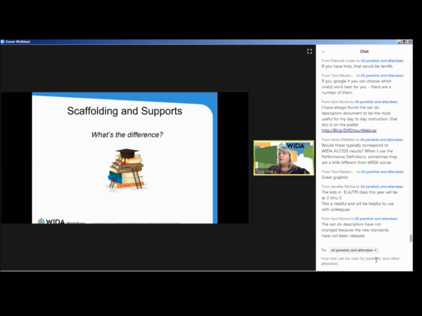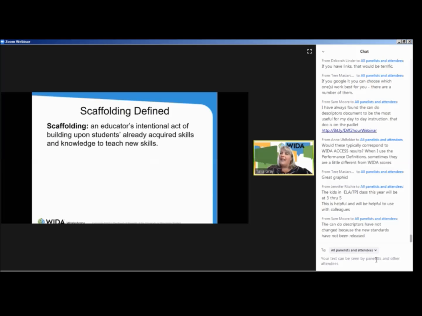Usually when I think about scaffolding and supports, I think about how one is a noun and one is a verb. So see if you can figure out which one's which as we go through here. Scaffolding is an educator's intentional act of building upon students' already acquired skills and knowledge to teach new skills.